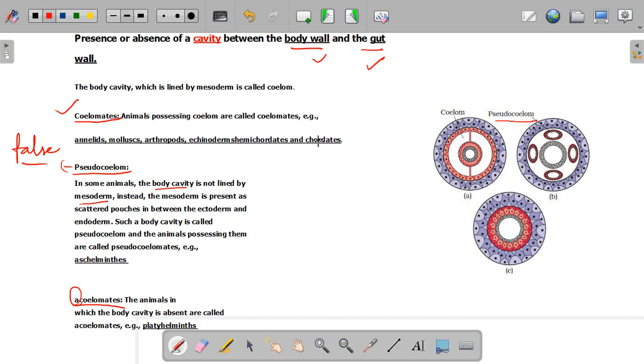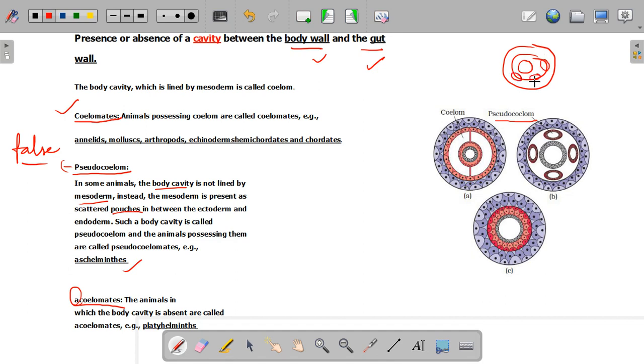We already know that there are three germ layers: ecto, meso, and endoderm. In these organisms like aschelminths, the mesoderm becomes pouches, like bag-like structures, leaving a false cavity inside.